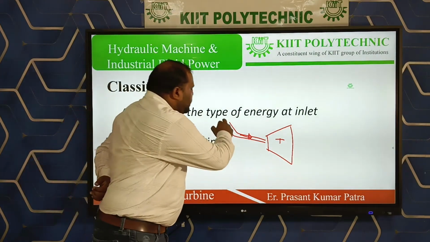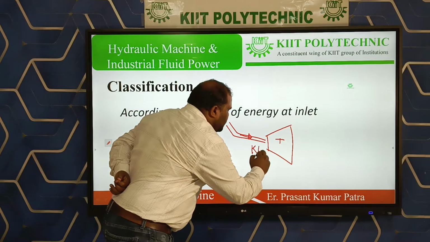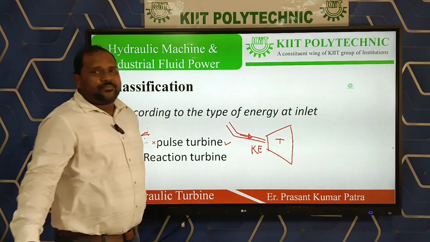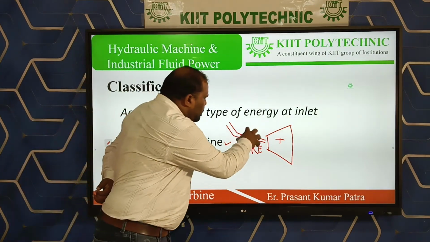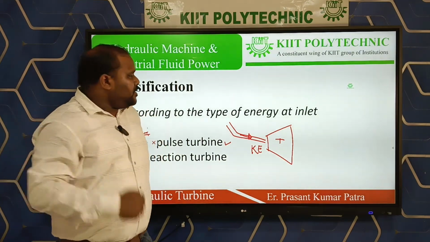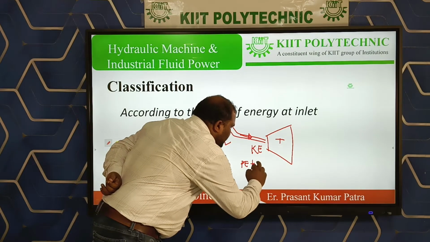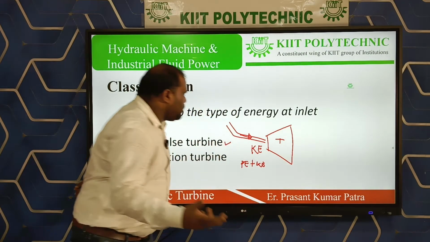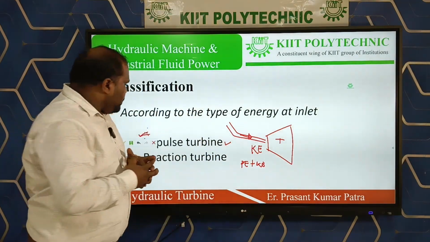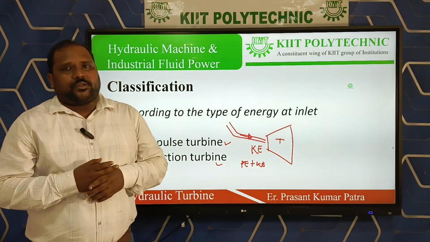But when this water comes to the turbine, if it is totally kinetic energy, then we can say this is the impulse turbine. If some of the energy is converted into kinetic energy and the total energy is a combination of potential energy and kinetic energy, you can say pressure energy and kinetic energy, then this type of turbine is considered a reaction turbine.